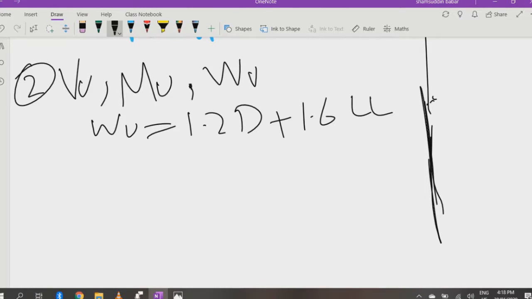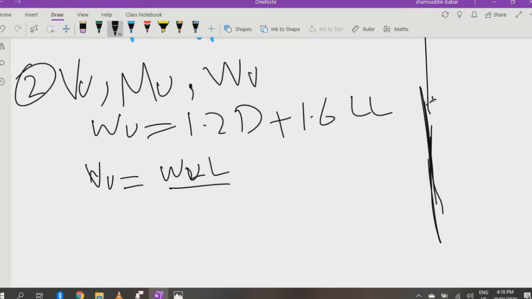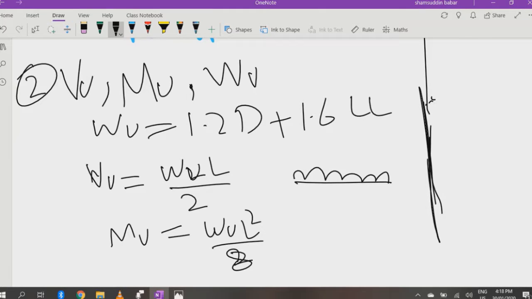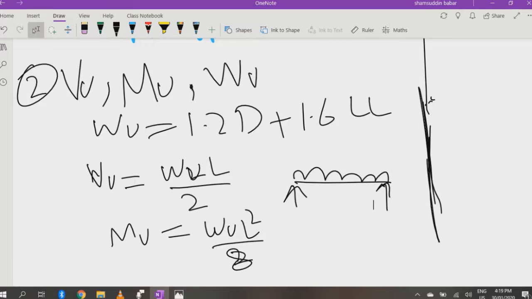Then we calculate VU, which is equal to WU L by 2, and then MU is equal to WU L square by 8, assuming that this is a uniformly distributed load, because dead load and live load are usually not concentrated. These are uniformly distributed loads.